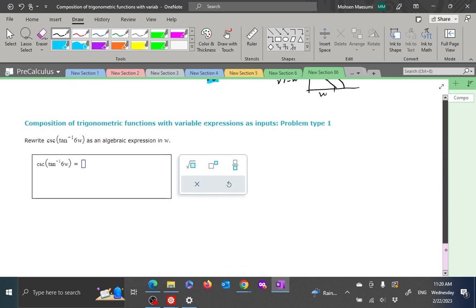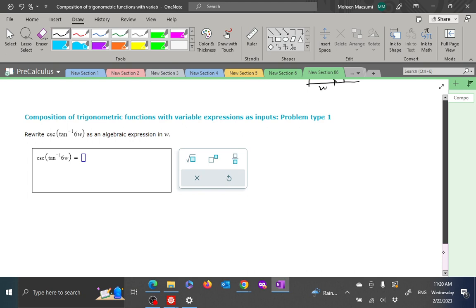And let's see, cosecant of tangent inverse of 6w. In this case, just like the last problem, let's simplify cosecant of tangent inverse of, let's call it, t. So this is some angle, let's call it theta, tangent inverse of t. That means tangent of theta is t.